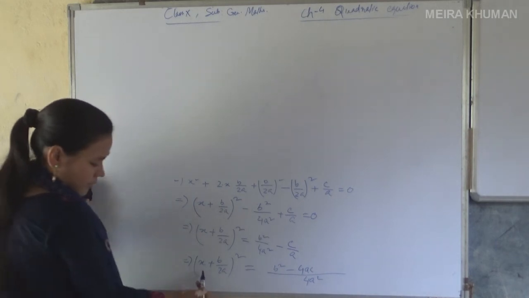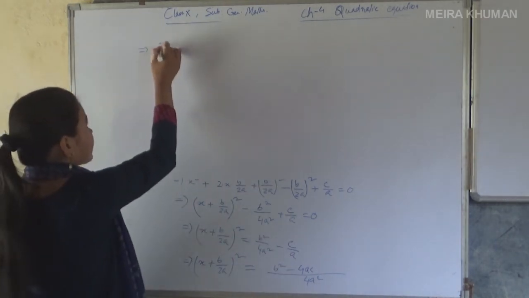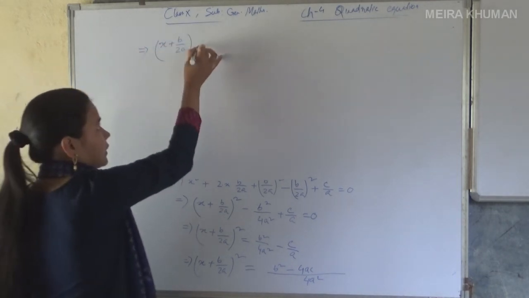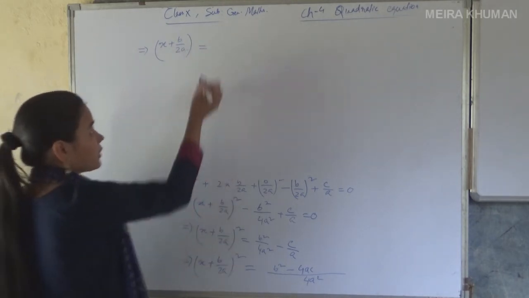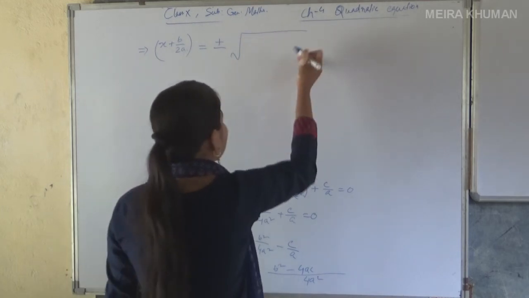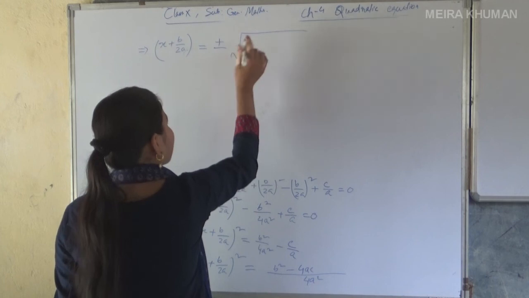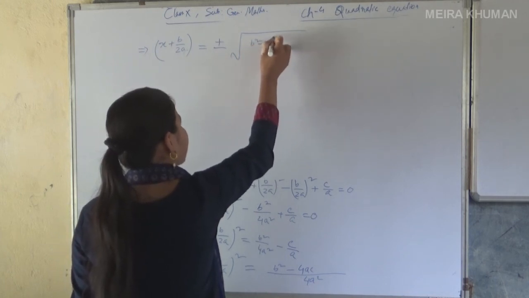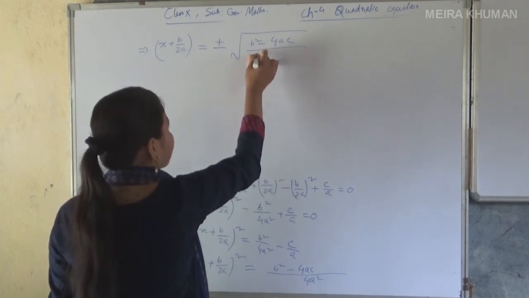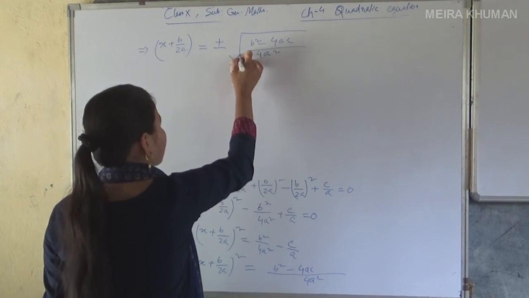Next, (x + b/2a) whole square equals this. If we take out the square sign, it will be plus or minus, inside the root, b² minus 4ac by 4a², this square root is all over.